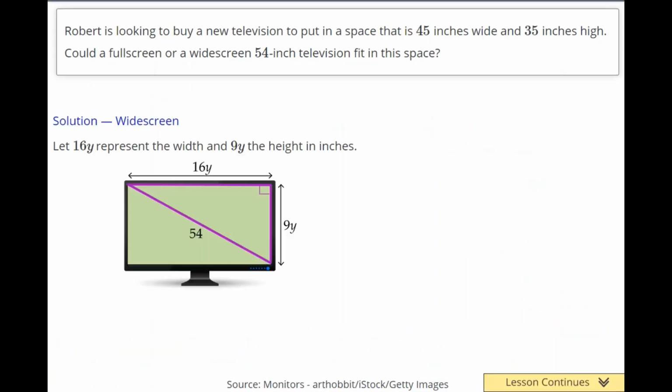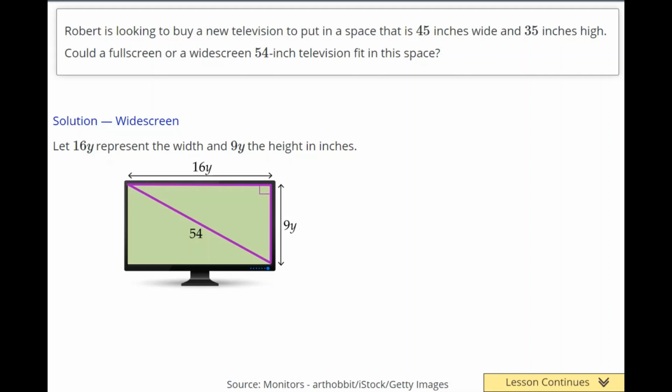You remember that the widescreen had aspect ratio 16:9. So let 16y represent the width and 9y the height of the screen in inches. Now again, the screen is a 54-inch screen, so that's the length of the diagonal of the screen.